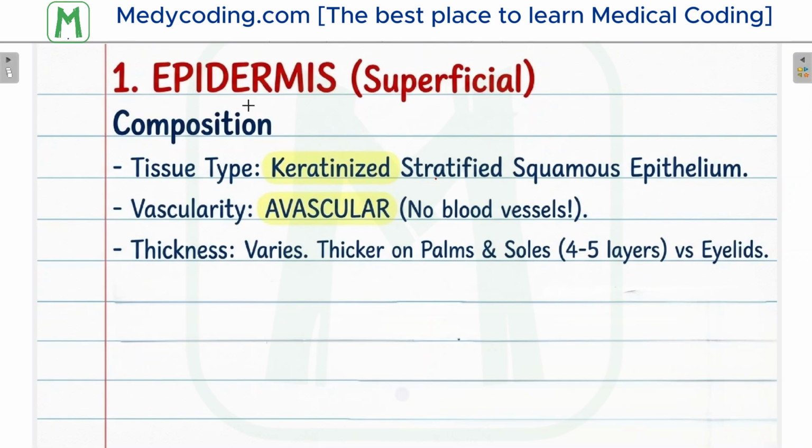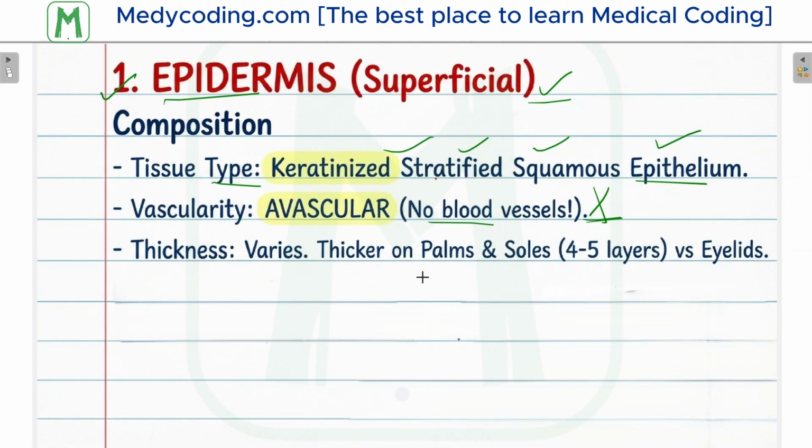So the first layer of skin is the epidermis. That is the superficial layer, the outer layer. It is made up of a special type of tissue that is keratinized, stratified, squamous, epithelial. We will discuss why the name is given in this way. Okay, this layer is avascular, meaning in the epidermis there are no blood vessels.